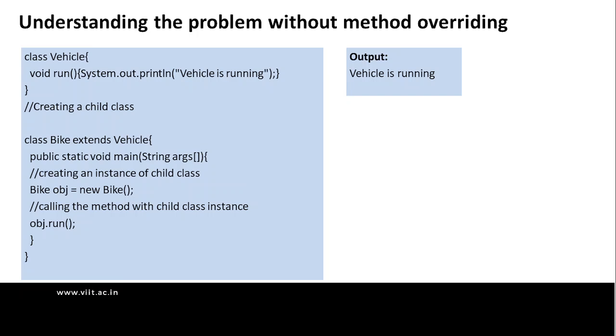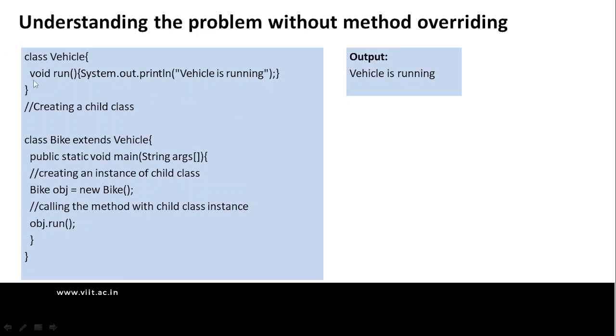Class Vehicle has a method run, System.out.println vehicle is running. Then creating a child class, class Bike extends Vehicle, and public static void main, Bike object equal to new Bike, and calling the method with the child class instance, object.run.